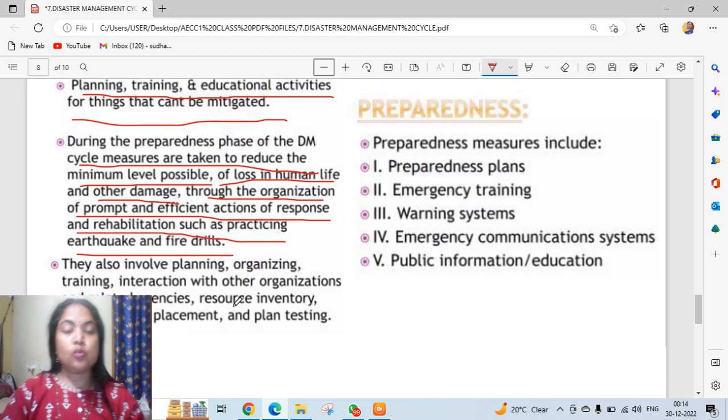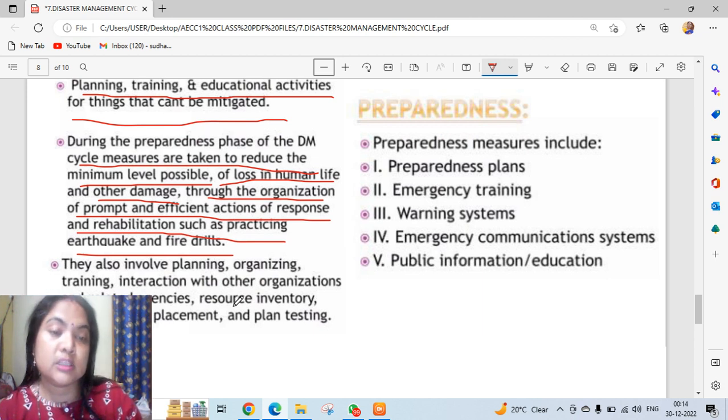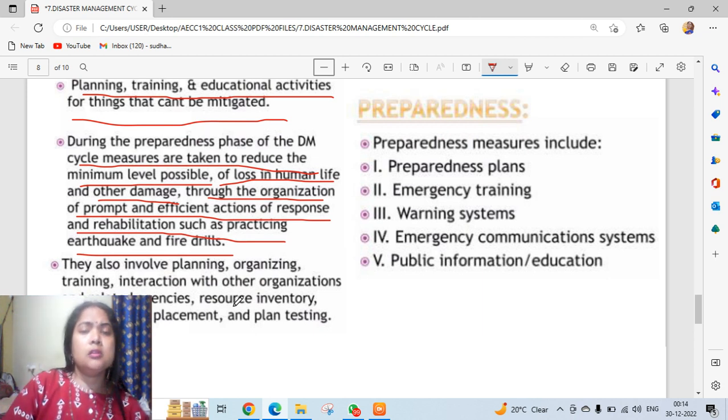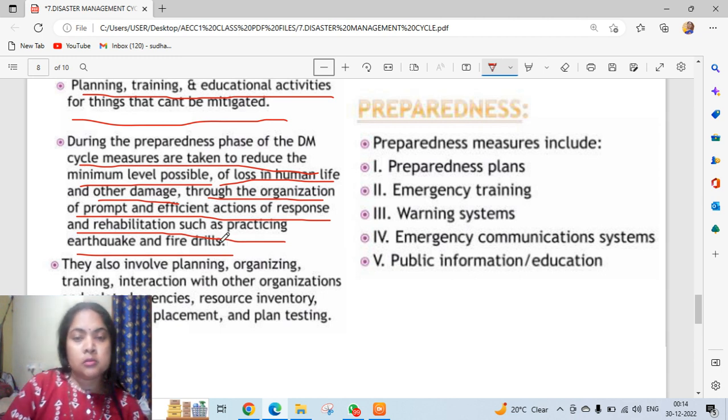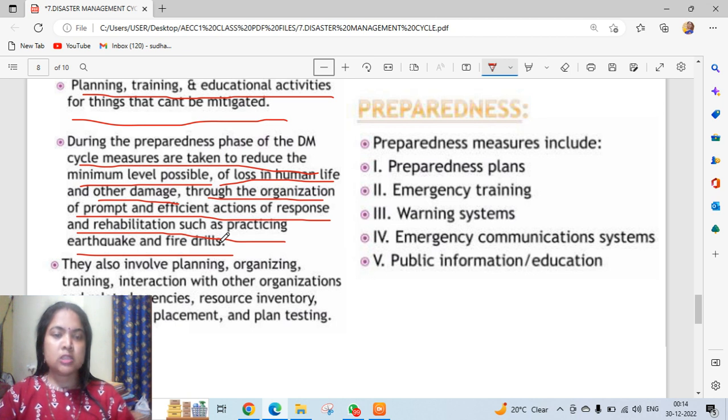Suppose an earthquake or fire breaks out somewhere, you must have knowledge that rescue teams and other safety teams conduct drills on how to act during a fire, an earthquake, a flood, any type of disaster.